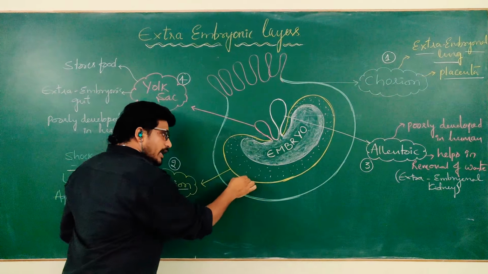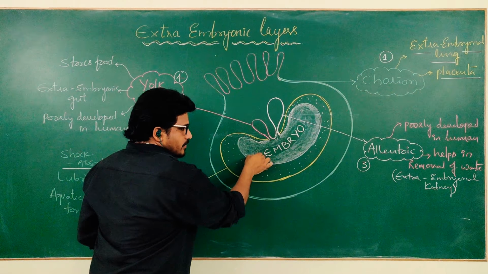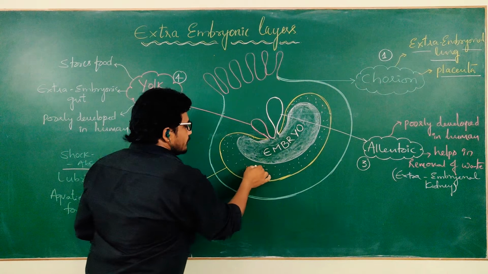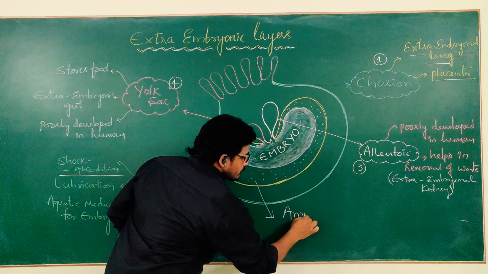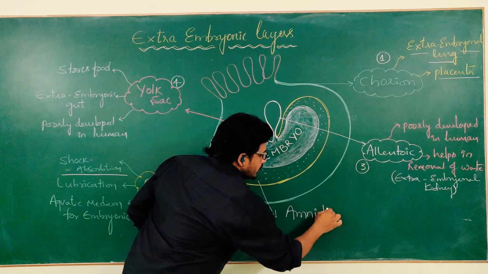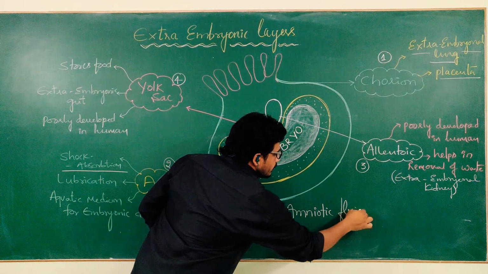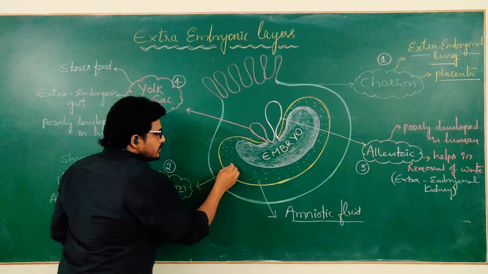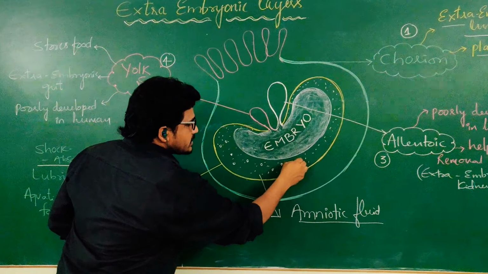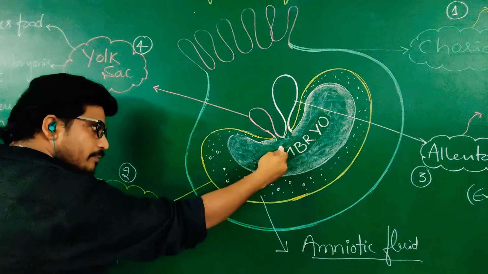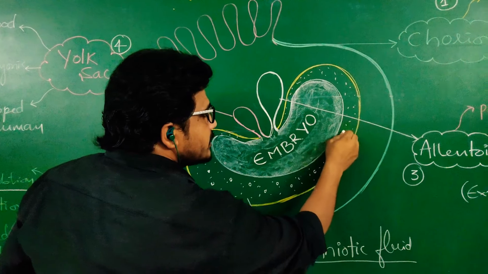Amniogenic cells and fetal cells, embryo cells, together produce a fluid called amniotic fluid. Amniotic fluid consists of some fluid cells, meaning embryo cells that are shed from the embryo and suspended in this fluid.